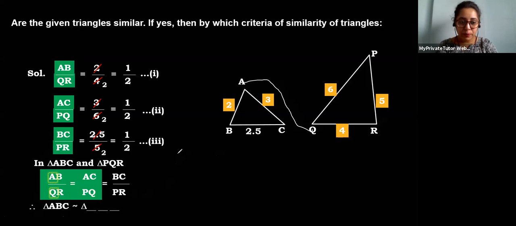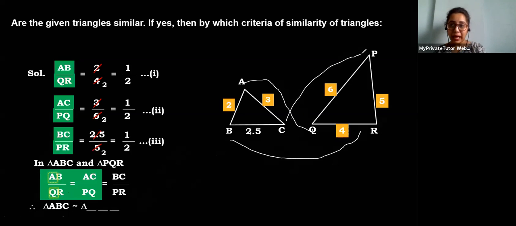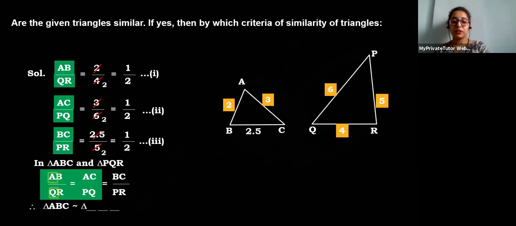So we write Q, then B corresponds to R and C corresponds to P. Whatever angles correspond, according to that only you have to name the triangle. So triangle ABC is similar to, now first we have written Q. Why Q? Because Q corresponds to A.